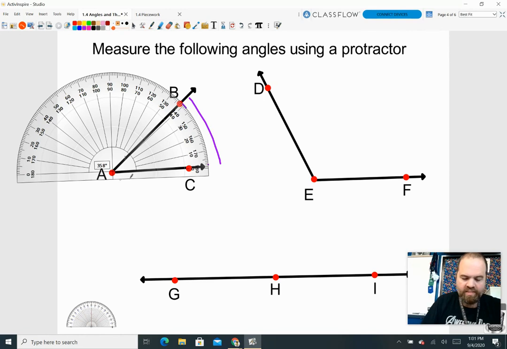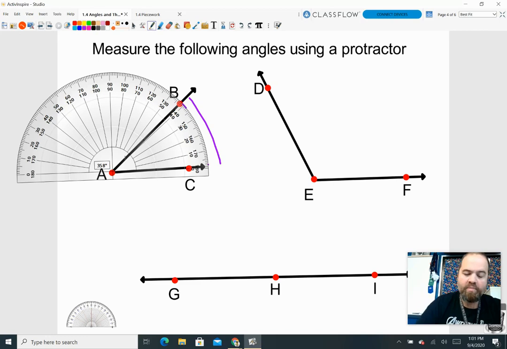So this side AC and this side AB, they're so far apart. The way this protractor works, if you notice, there's two sets of numbers on here. I've got 40 or 140 depending on whether you're reading the lower numbers or the outer numbers, and that has to do with whether the angle's open to the right or open to the left.